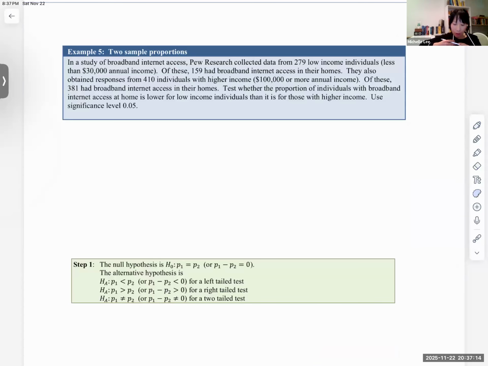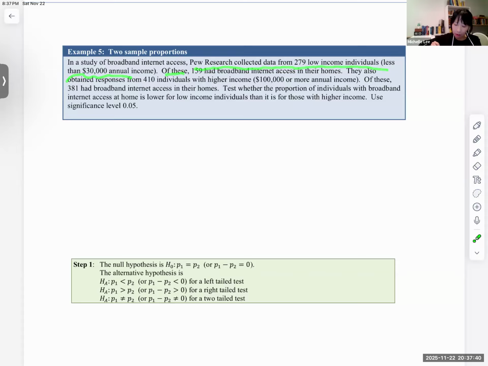All right, so let's do this example. Example 5, two sample proportions. The Pew Research collected data from 279 low-income individuals, less than 30,000 annual income.